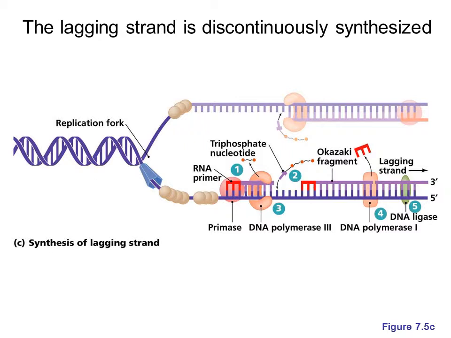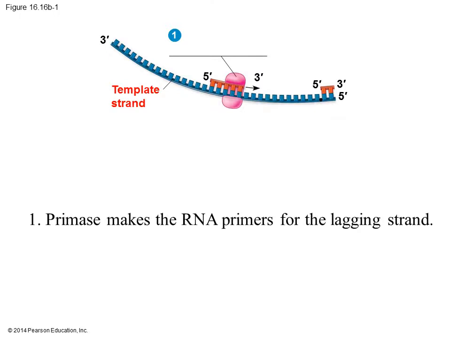Now we're going to discuss the lagging strand. In this image, it would be depicted in the picture on the bottom. The lagging strand is going to be a discontinuous synthesis versus the top strand was continuous synthesis. Primase is going to come in and create primers on the lagging strand, or on the template that is going to produce the lagging strand.